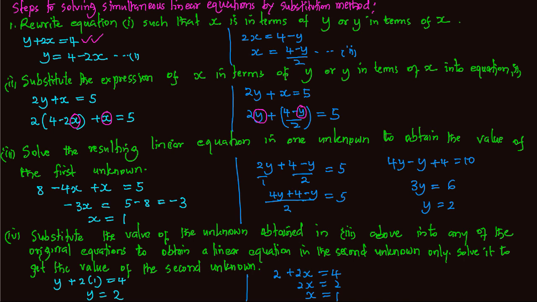So we have shown in the 2 examples that we can either calculate the value of x first and then use its value to get the value of y, or we can calculate the value of y first and use its value to calculate the value of x.